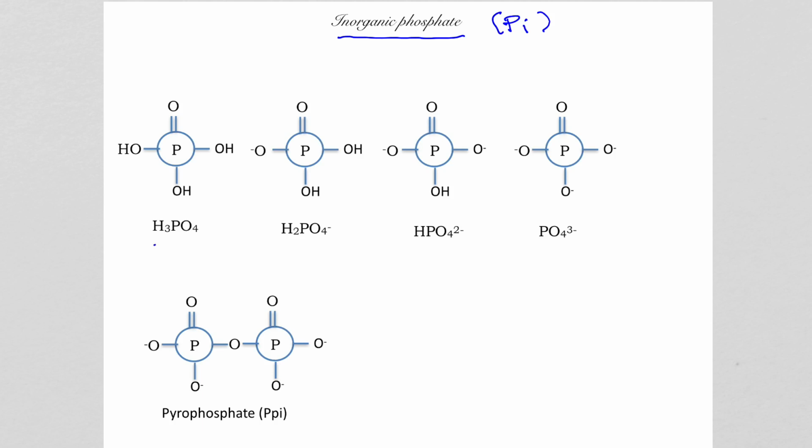You can see there, phosphate can have a variety of structures. These are all inorganic phosphates. And then there is another one called pyrophosphate that we represent as PPi. It's basically two inorganic phosphates joined together.